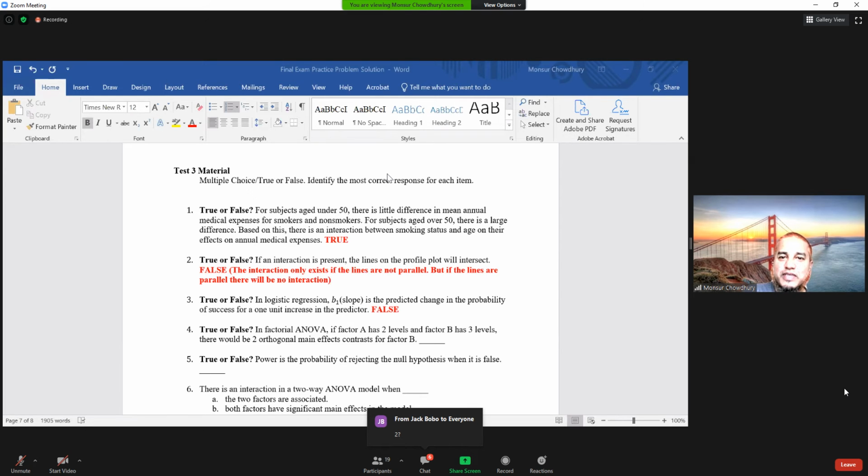So it should be 2, because you can see that factor B has 3 labels. For 3 labels, we know that we can create 2 contrast coded variables. So we should have 2 orthogonal contrast codes. Is that clear? So it cannot be 6 because we are only considering factor B. So this is true.